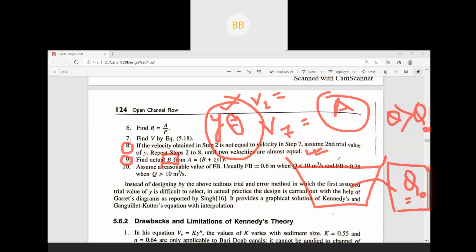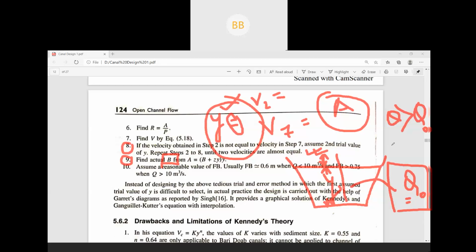We increase the depth of channel. So this is your Y, this is your design Y, and then we provide some portion extra, so that if a discharge came which is greater than Q naught, then also your project doesn't fail.